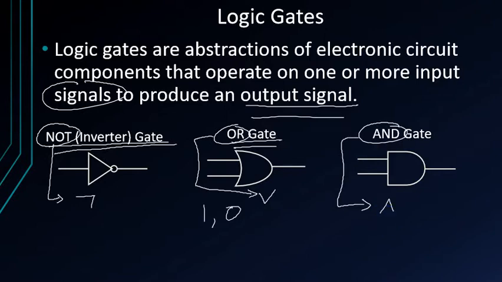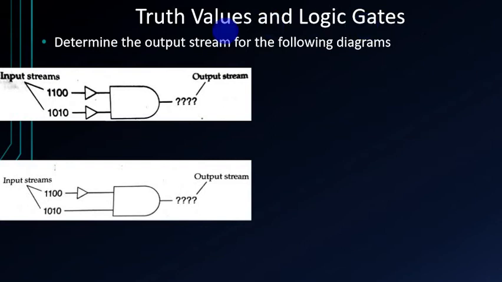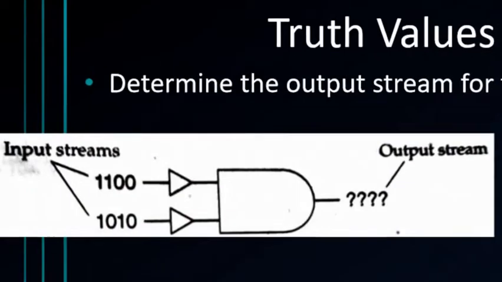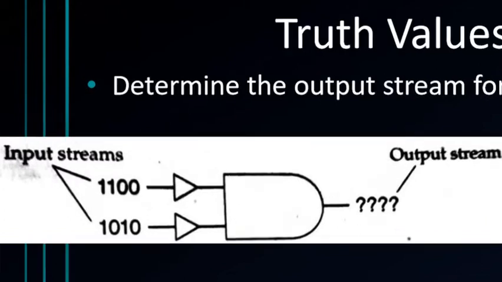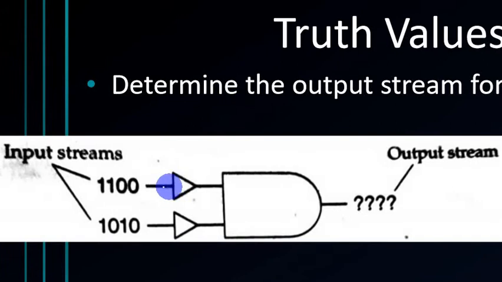Let's have an example. We are asked to determine the output stream for the following diagrams. Let's take a closer look into these diagrams. So, we have here the input streams, and then we are asked of the output stream.